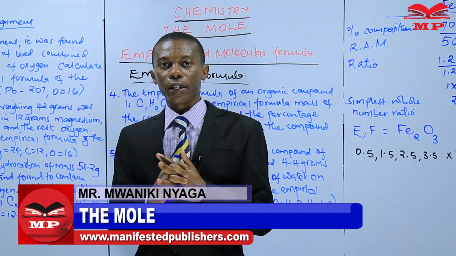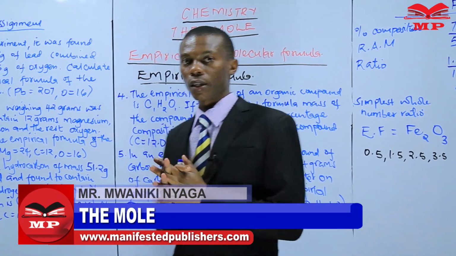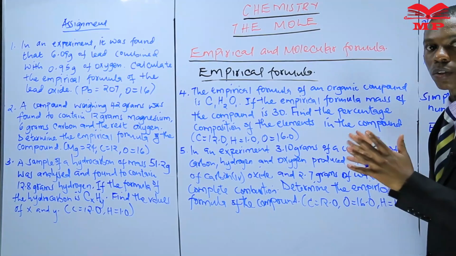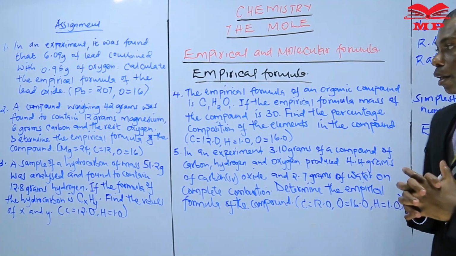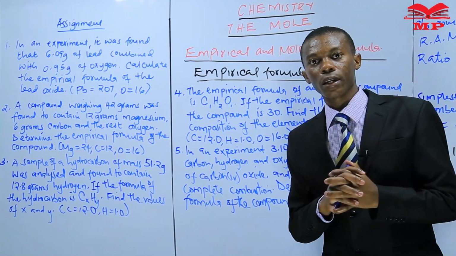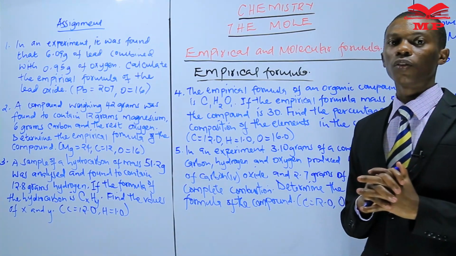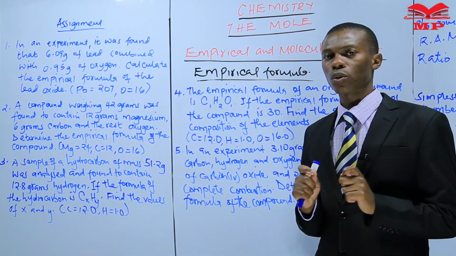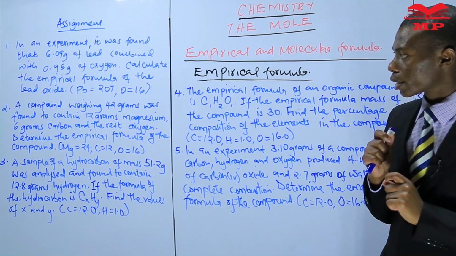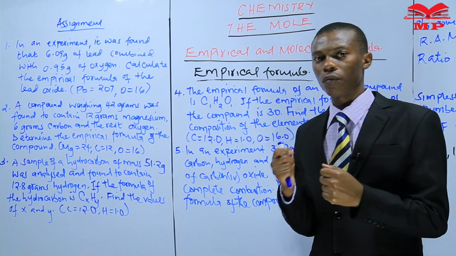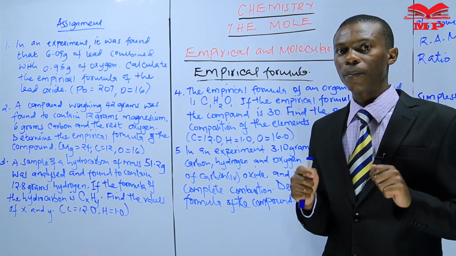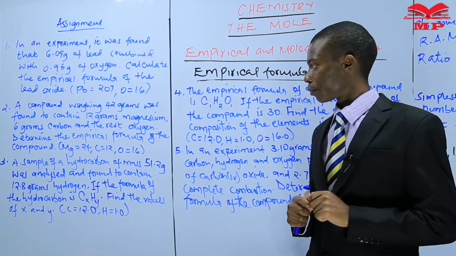In the previous lesson, I gave you the assignment, and these are the questions I left you as part of the assignment. Therefore, I believe that you've done the questions and you've done them the correct way. In this lesson, I will just go through some of them and see whether you've been able to answer them correctly.